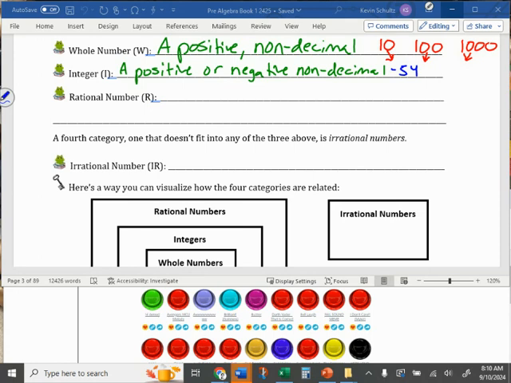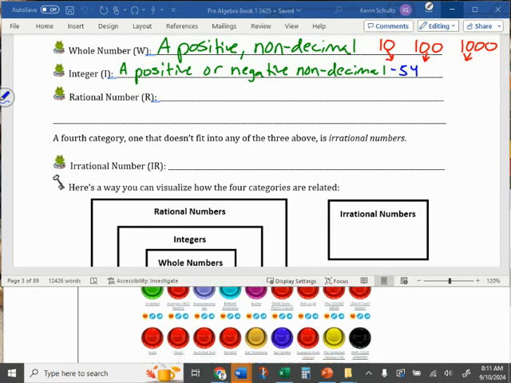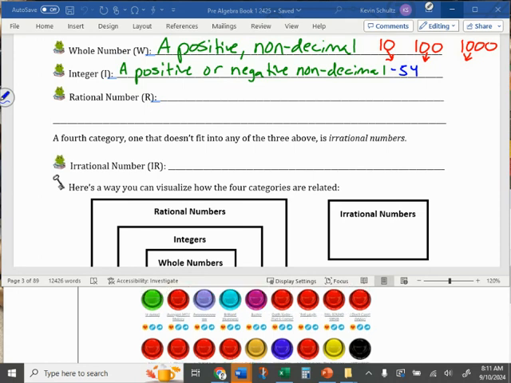What's another example of an integer only? 0.2? Oh wait. Negative 3. Negative 3, okay, would be an integer only.